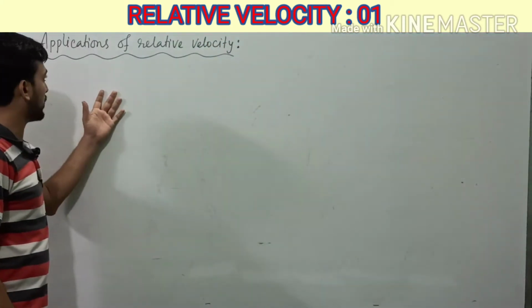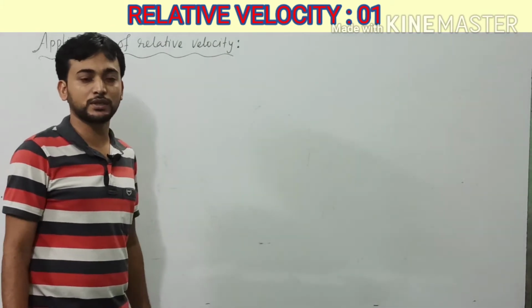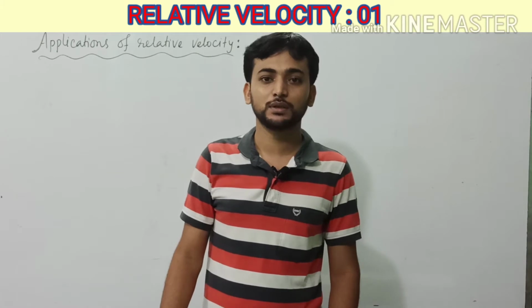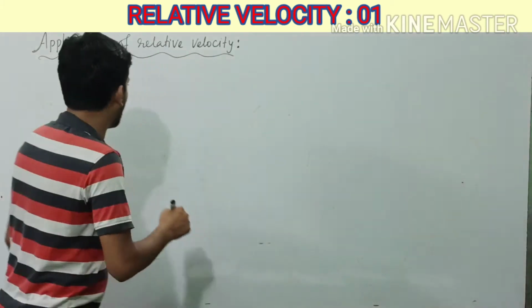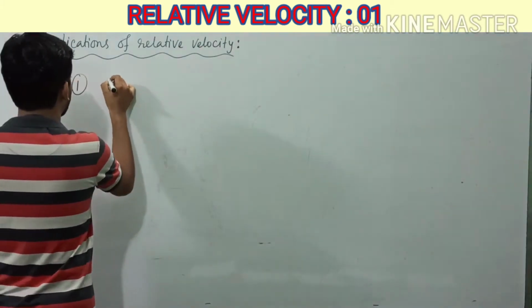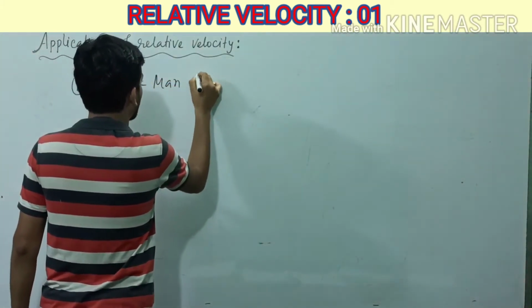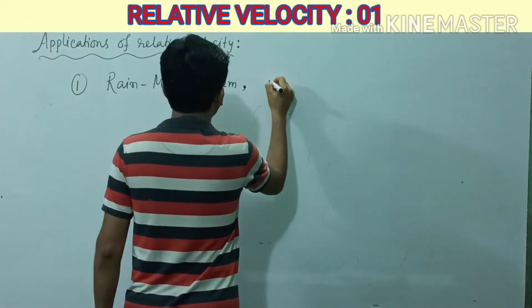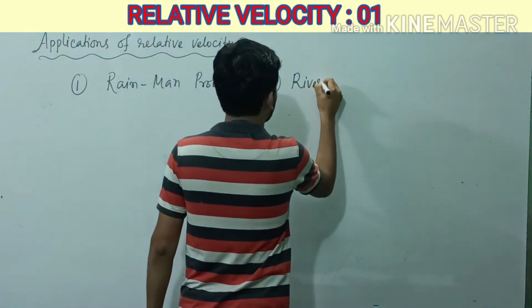Now we are going to talk about the applications of relative velocity. The concept of relative velocity can be used in solving numericals in 5 various cases. Case 1, rain man problem. Case 2, river boat problem.